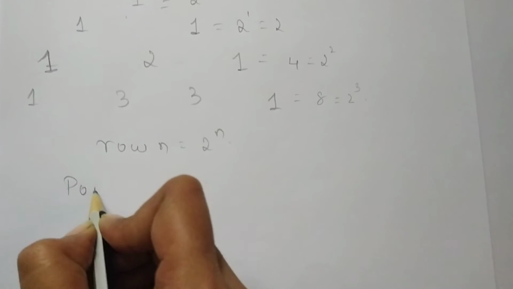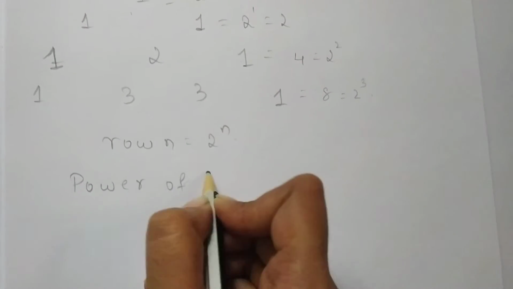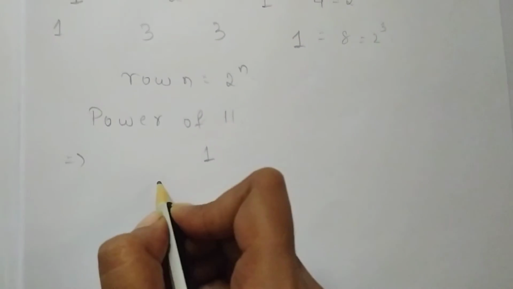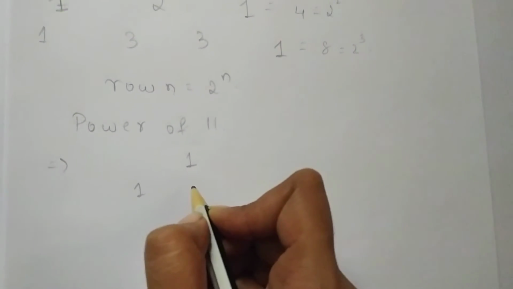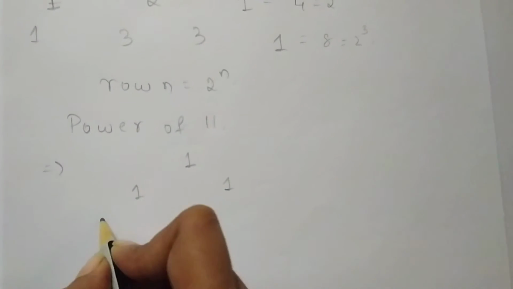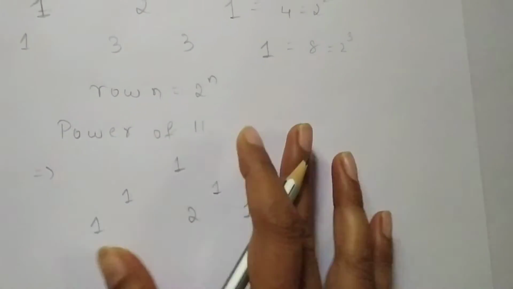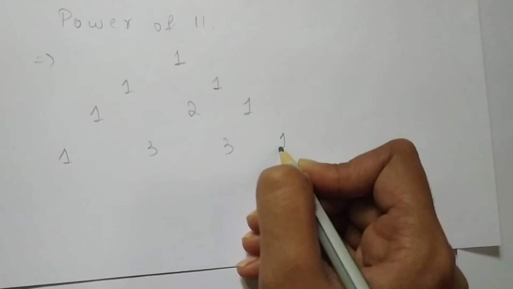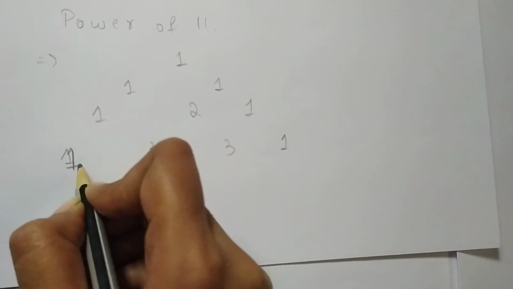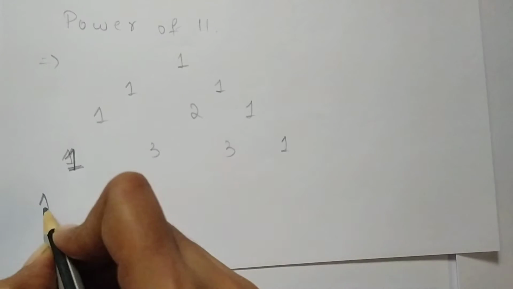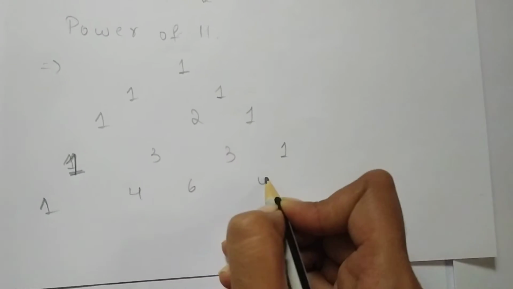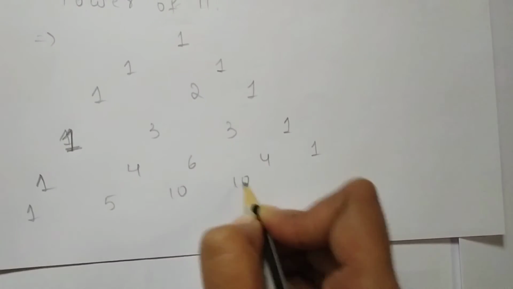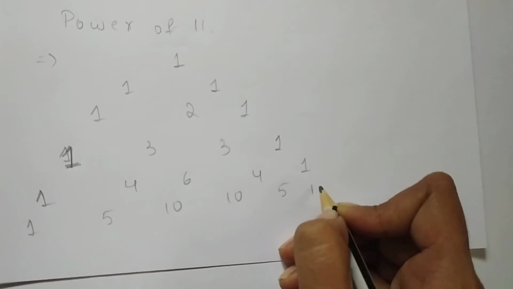And next, for the powers of 11, just write the Pascal triangle up to the 5th row. Here, write it down: 1 3 3 1, this is 1, and 1 4 6 4 1, and this is 1 5 10 10 5 1.